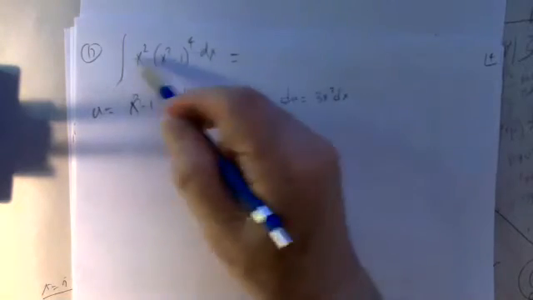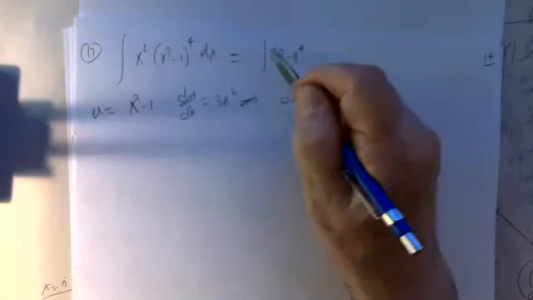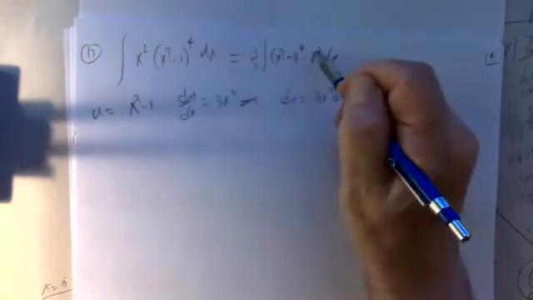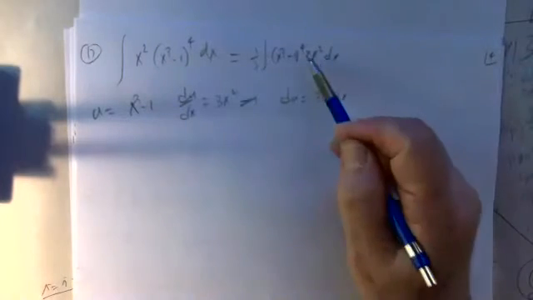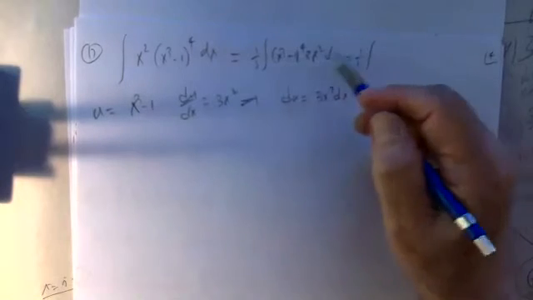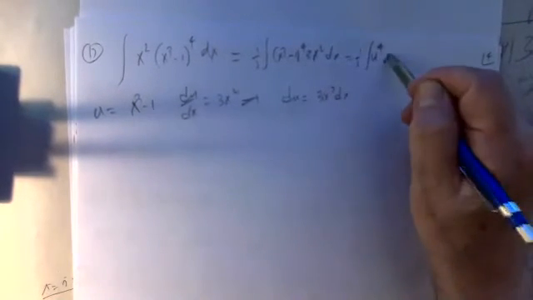I can multiply and divide this by 3. I can write this as the integral of x cubed minus 1 to the 4th, x squared dx. If I divide by 3 and multiply by 3, now this is my du. So this is 1/3, x cubed minus 1 is u, so u to the 4th du.